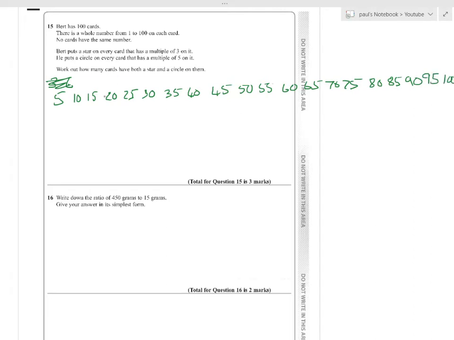Right, which one of these can I divide by 3? No, no, yes, no, no, yes, 3, well, no, no, yeah, no, 55. Can that be divided by 3?